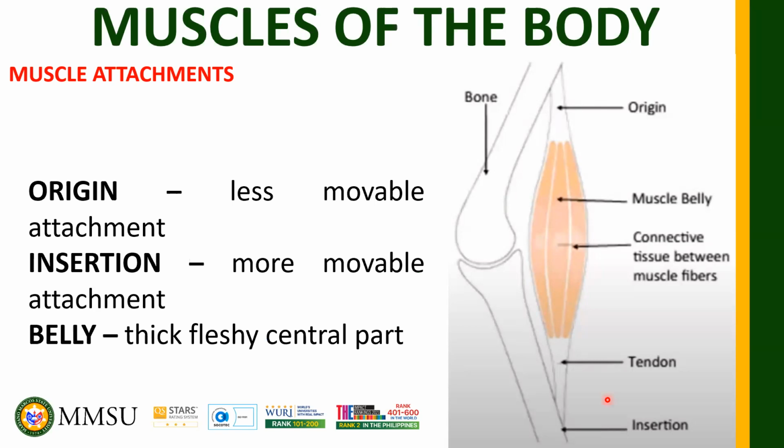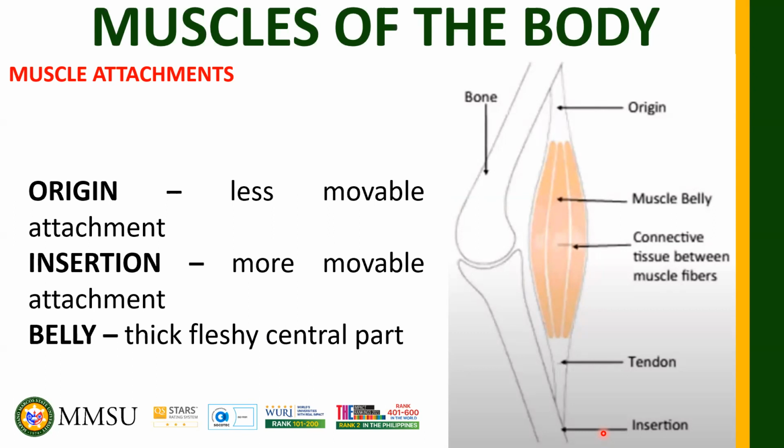And then we have here another one. We have the origin and then we have the insertion. So usually yung mga muscle attachments natin, they are being classified either origin or insertion. Okay? Yung origin is the less movable attachment. So typically closer siya sa core body.